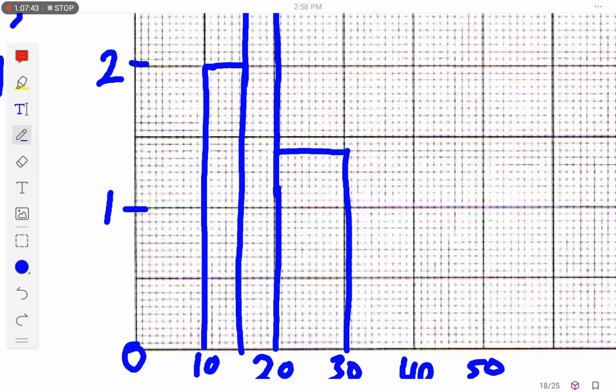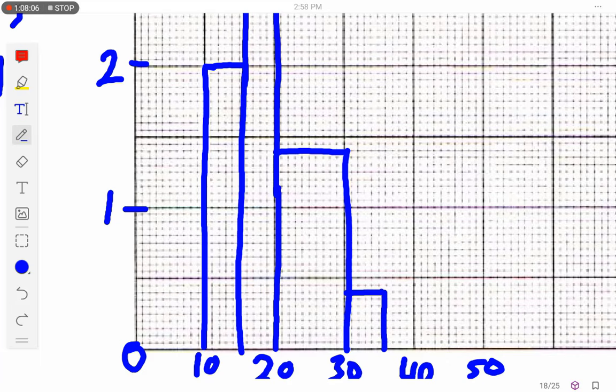Then from there we have got 30 to 35, which is our n, 0.4, so 0.4 is here. Oh, it's about 8 boxes. We are going to 35, so it goes like that.